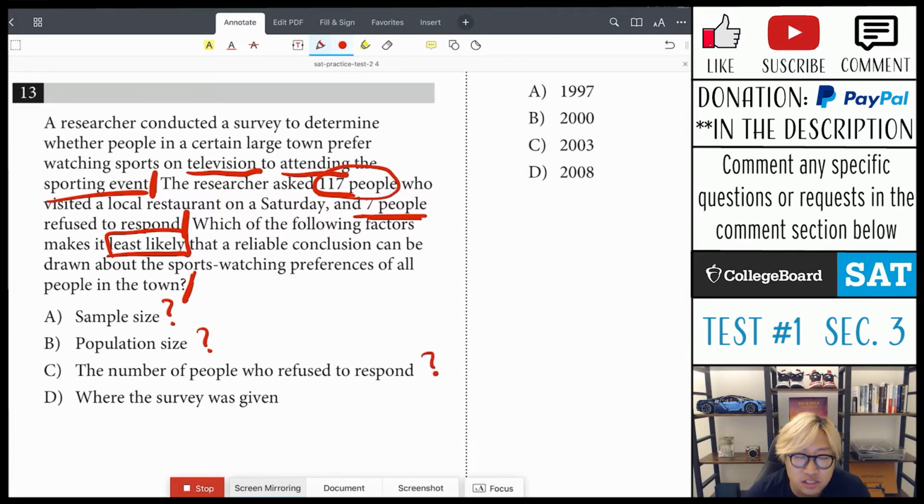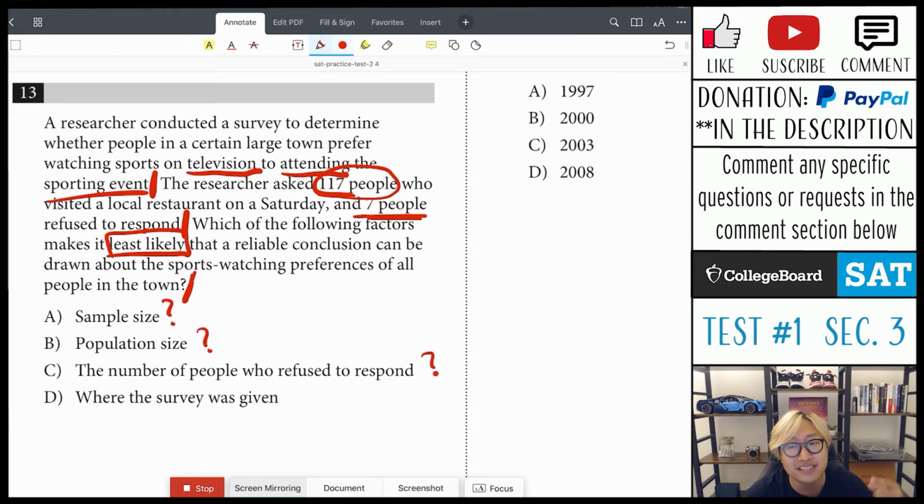But D, where the survey was given, think about it. They did this survey about whether you want to watch your baseball game or football game, whatever, at a restaurant on a Saturday. What do you think people at a restaurant on a Saturday are doing? Probably watching a sporting event on TV. So if you ask those people, why do you think they're there?